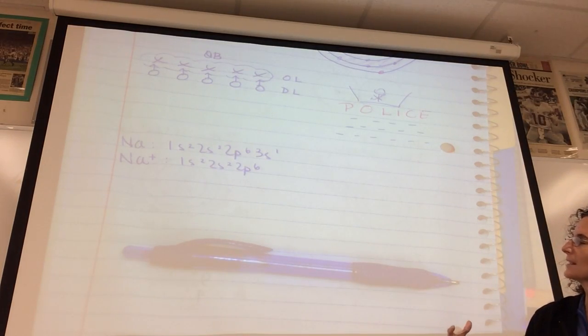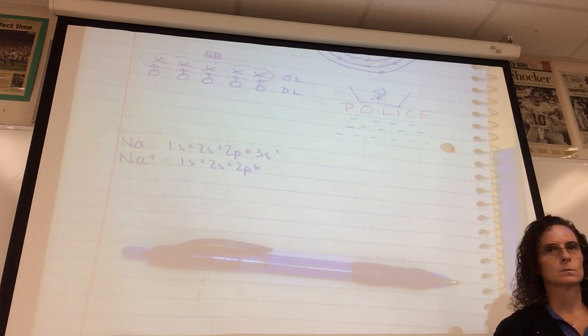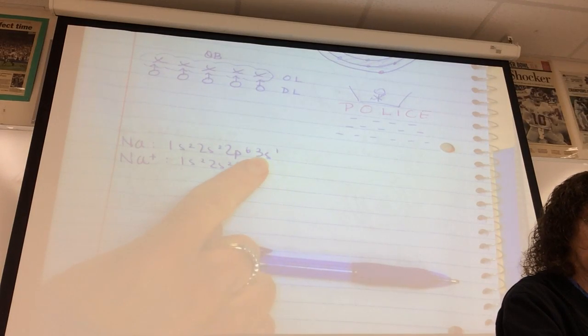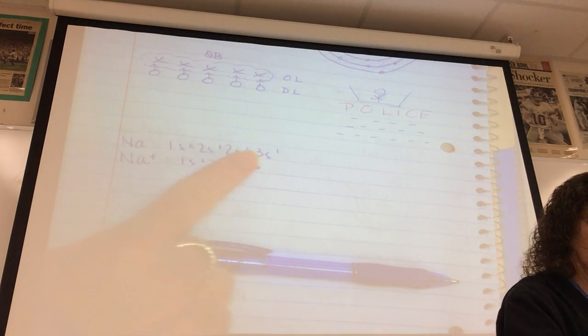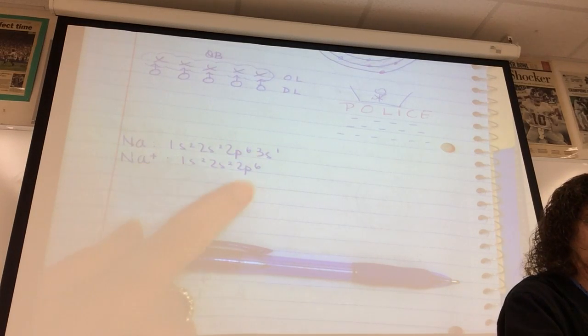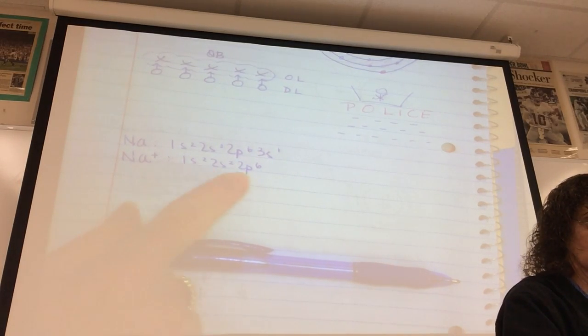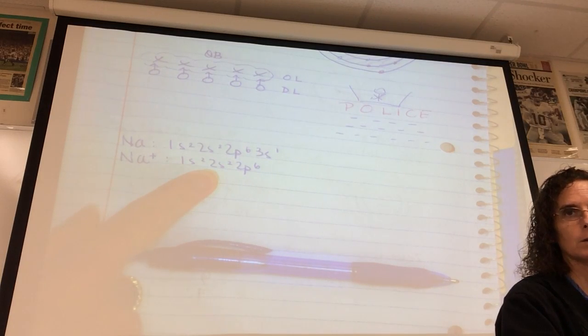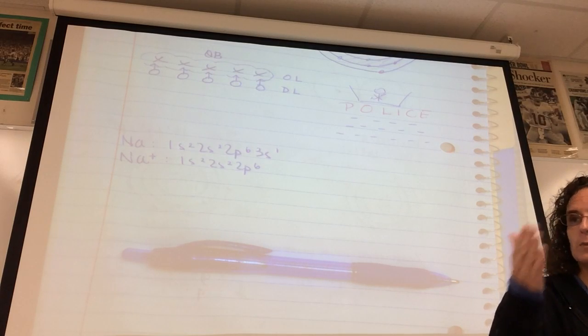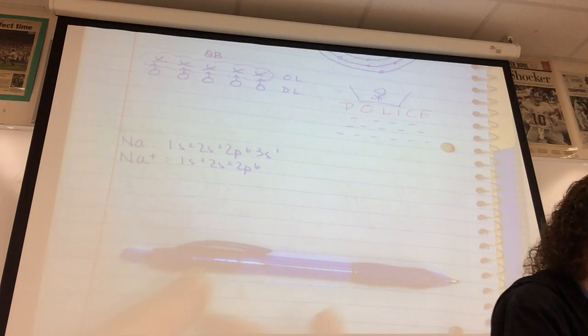What would you guess has a larger radius, sodium or sodium ion? Sodium, because it has an electron in the third shell, farther from the nucleus, with more electron shielding, whereas the ion now only has electrons in the second shell. It goes back to the noble gas in the previous shell.